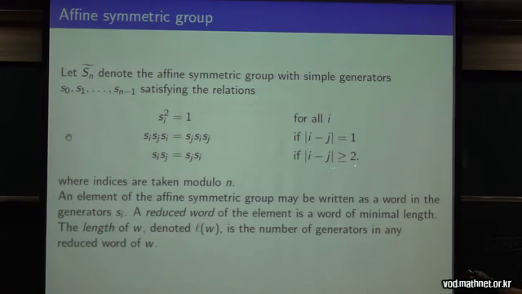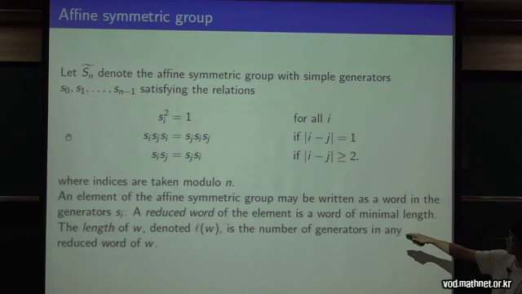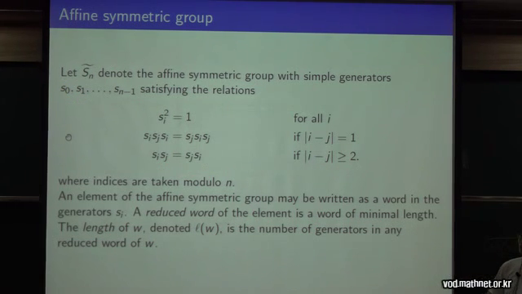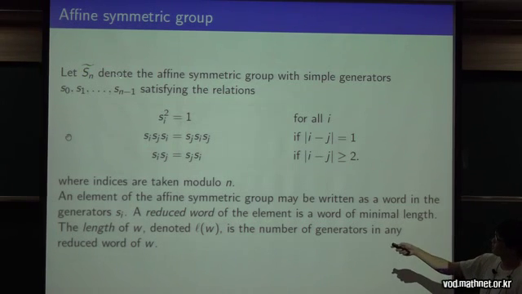And if they are not adjacent, then they commute. Note that if there is no s0, this definition is the same as one way of defining the symmetric group. If you delete s0, it's isomorphic to the symmetric group, so this strictly contains the symmetric group.